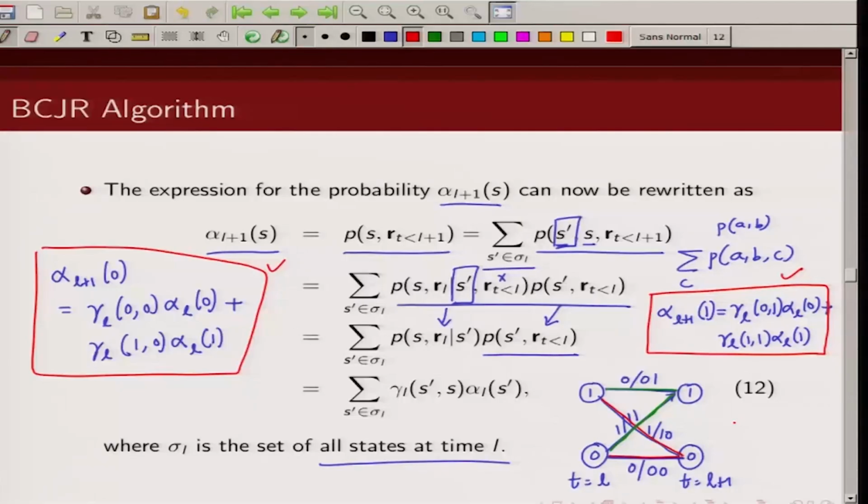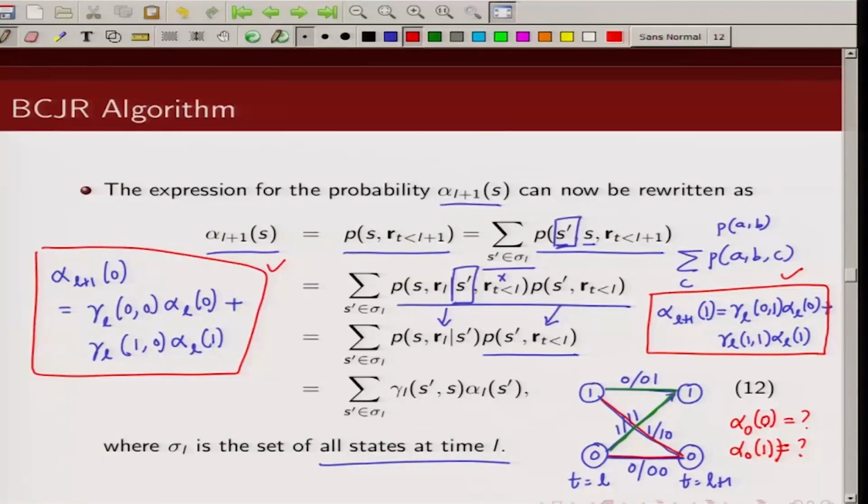So, what is the initial condition? We need to know what is the value of alpha 0 for different states, for state 0, for state 1. We need to know what the value of these are. Now, note initially we assume that the encoder is in all 0 state.